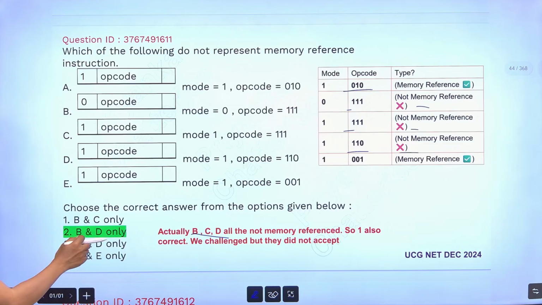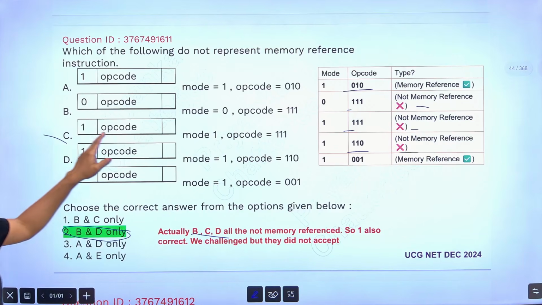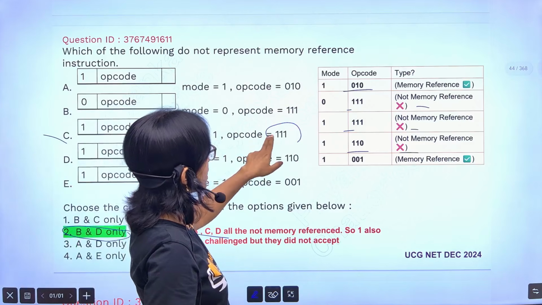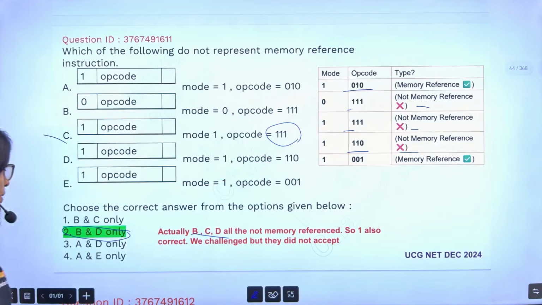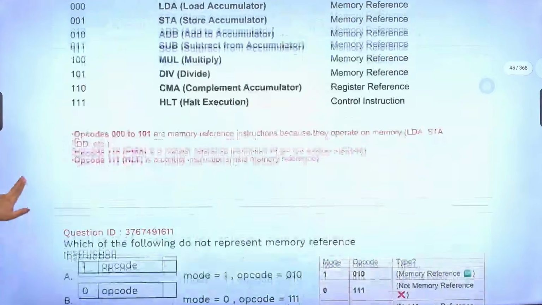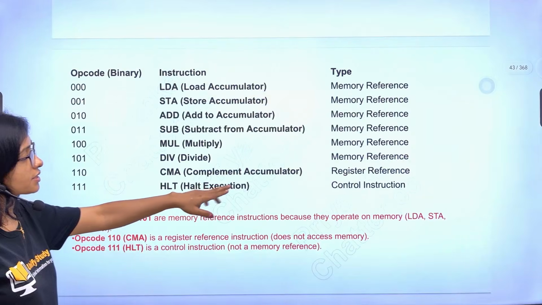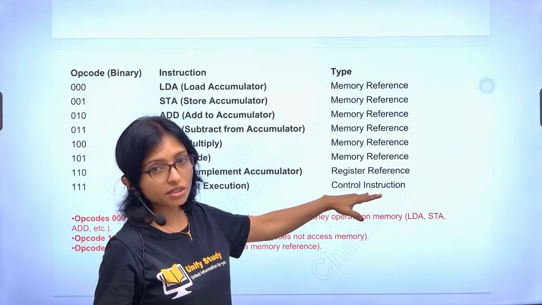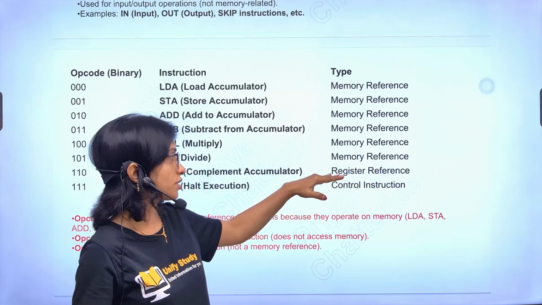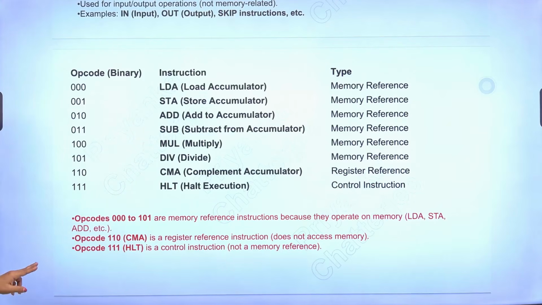But it is given only B and D. C they did not accept. C is 111, which is actually a halt, a control instruction. It is not a memory instruction, so we can't say it is a memory instruction.